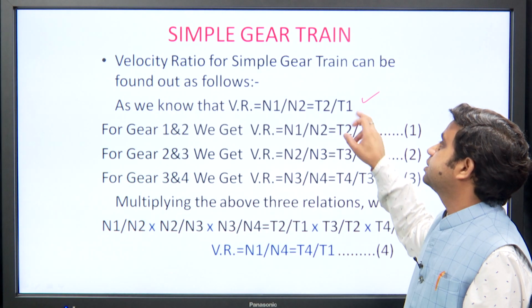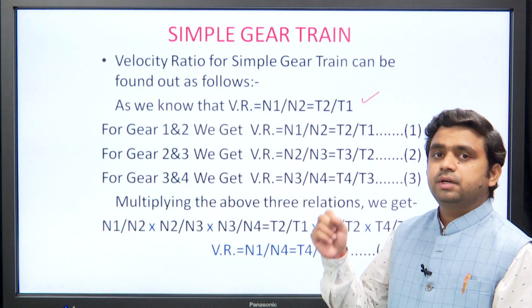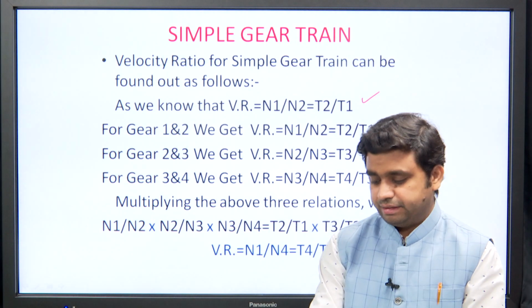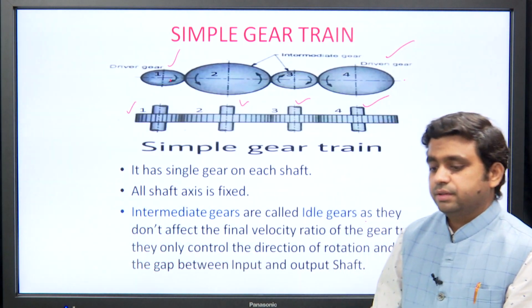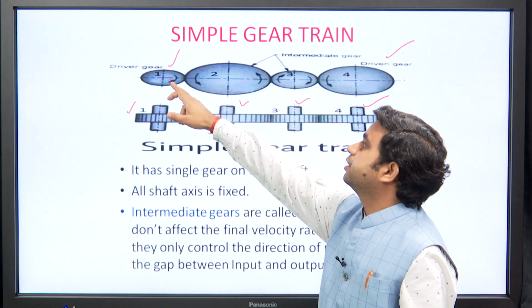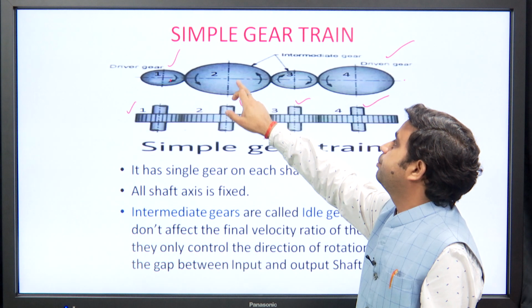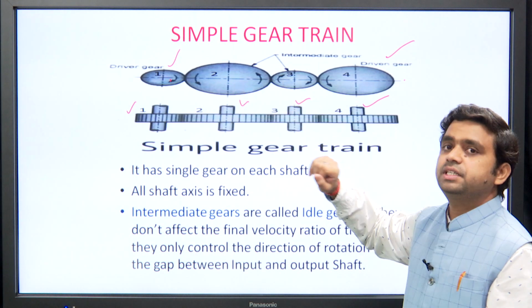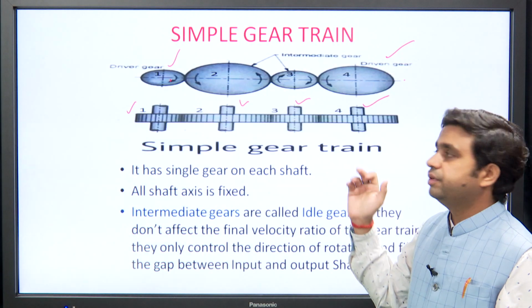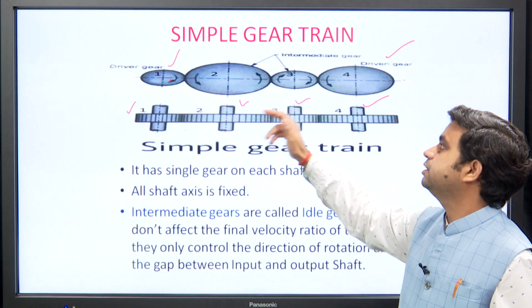We will apply this equation for a pair of gears, and in this simple gear train we have 3 pairs of gears. The first pair is gear 1 with gear 2, the second pair is gear 2 with gear 3 and the third pair is gear 3 with gear 4. So, we will apply that formula in each pair of gears.